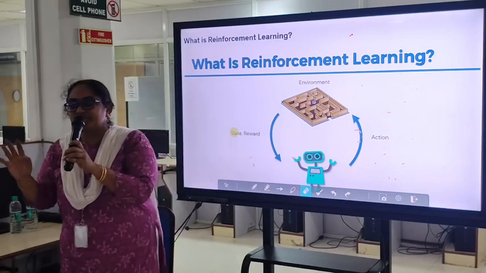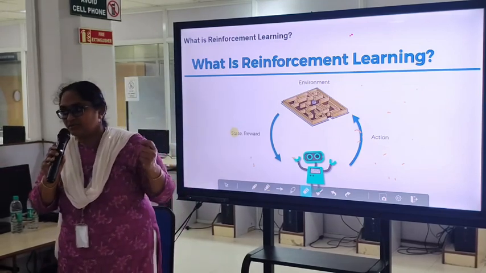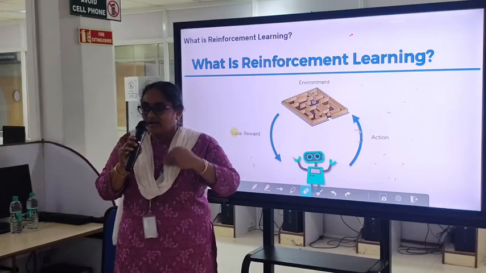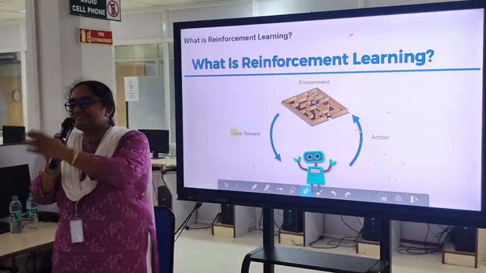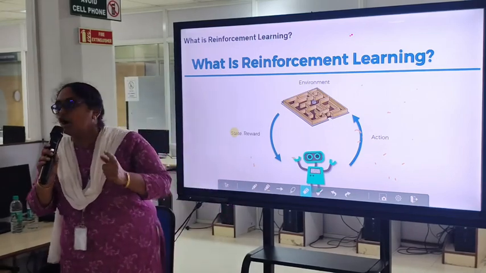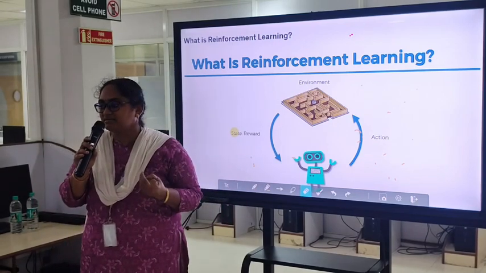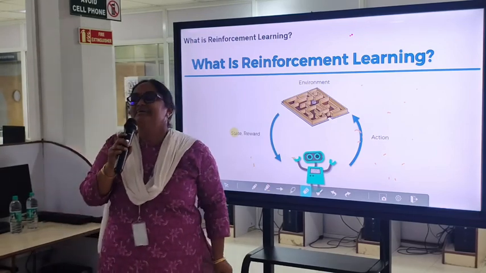In reinforcement learning, what you have to remember is that there is a state, and there is an action that we take on the state, and there is a next state because of that. How many of you are studying automata theory, finite automata theory? Oh, ME students have studied it, we don't have it, okay.